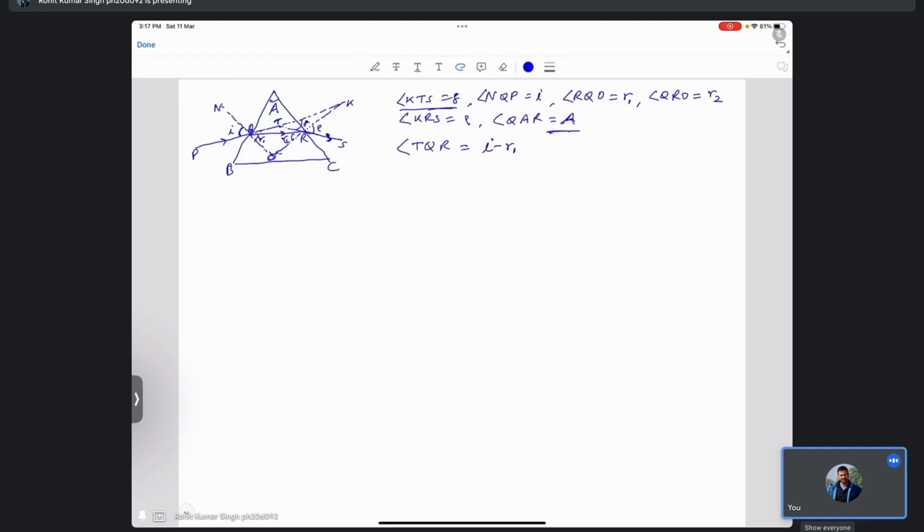So this small angle TQR is just I minus R1, this angle. Okay, and angle TRQ, this angle, is E minus R2. Is it okay? Yeah.